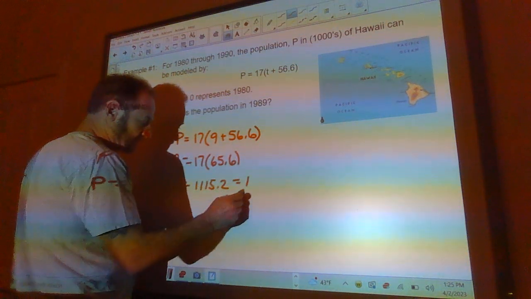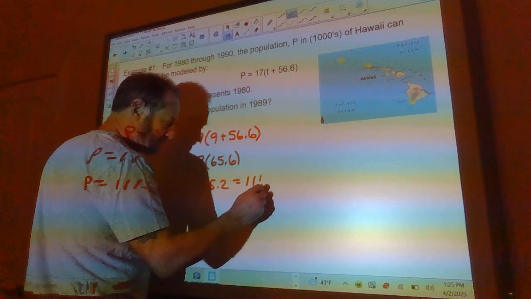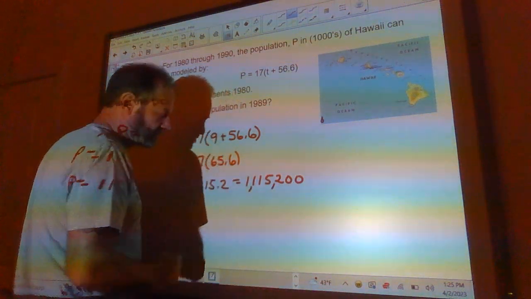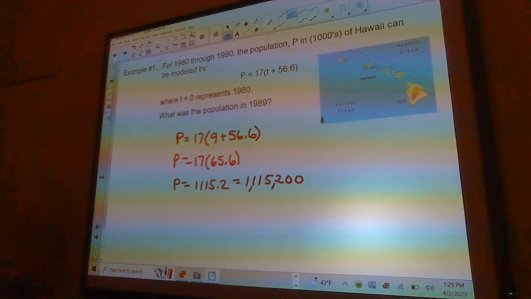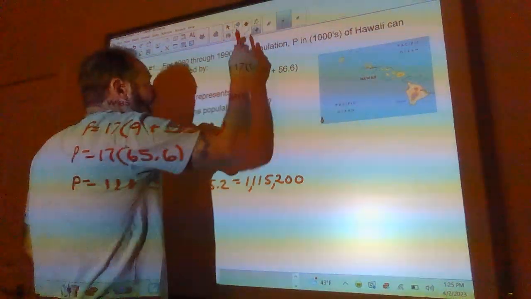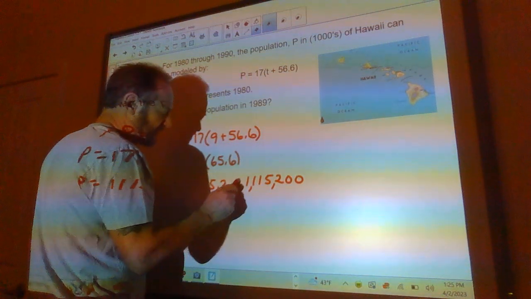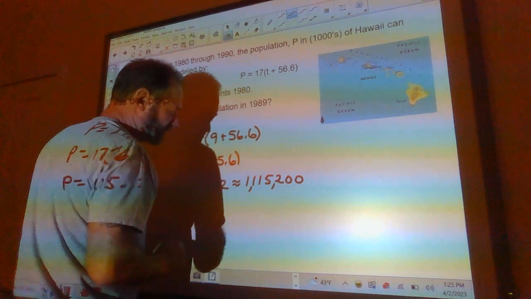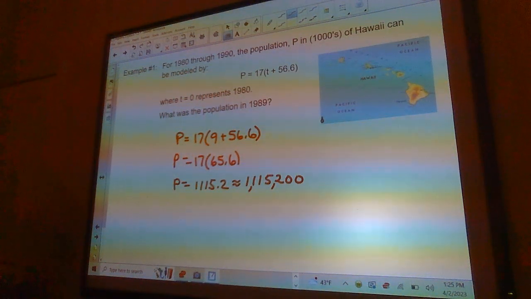So it's going to go 3 places to the right. So 1, 2, 3, the population is about 1,115,200. And I should say approximately, because you never get populations exactly right unless you've got some little tiny town somewhere.